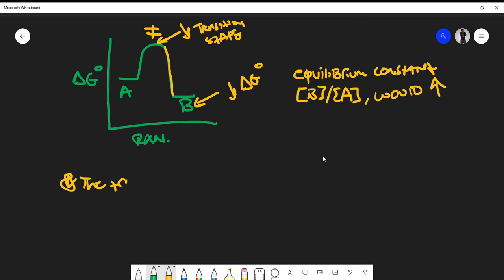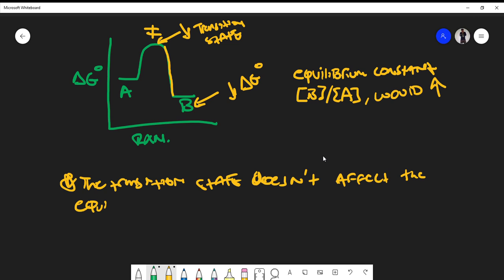The transition state does not affect the equilibrium constant. It is only the energy of the reactants or products that alters the equilibrium constant. So the transition state has nothing to do with the equilibrium constant.